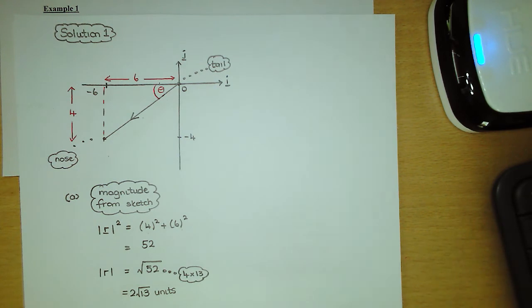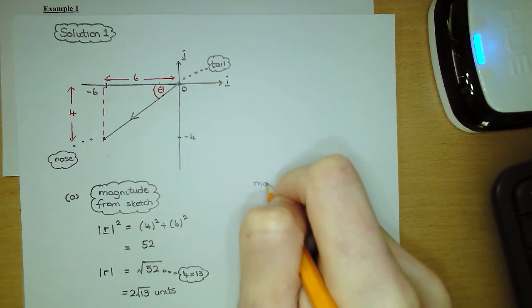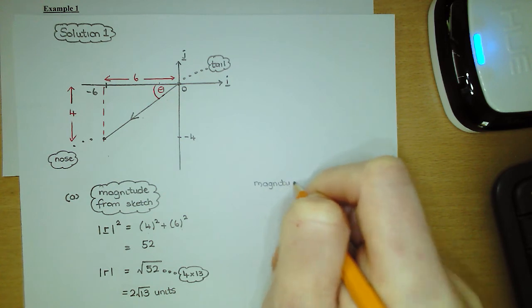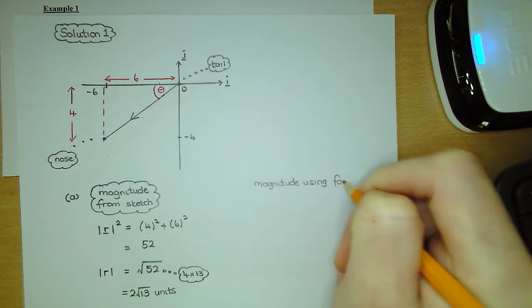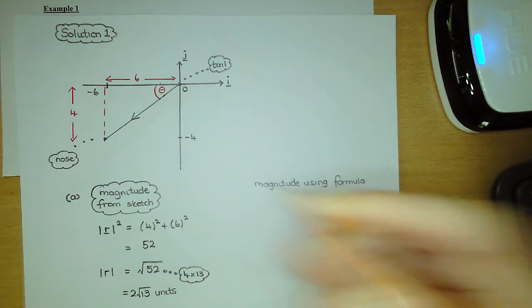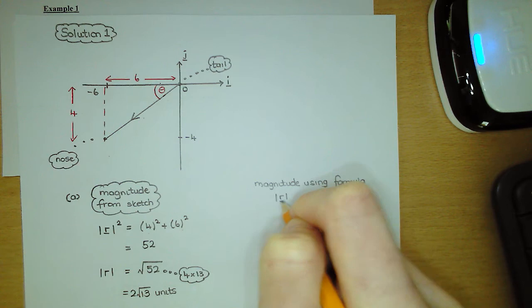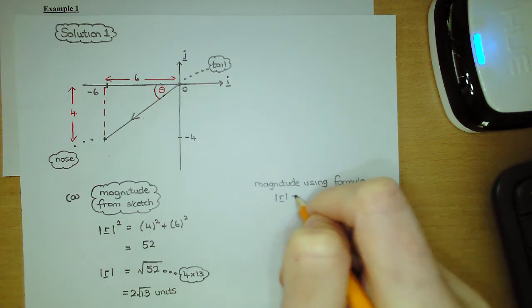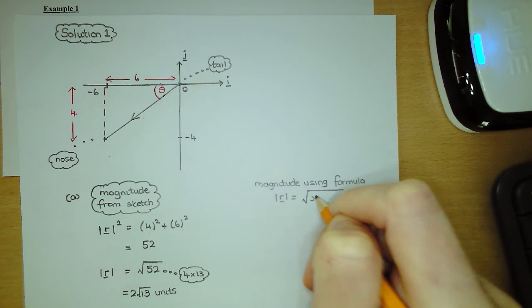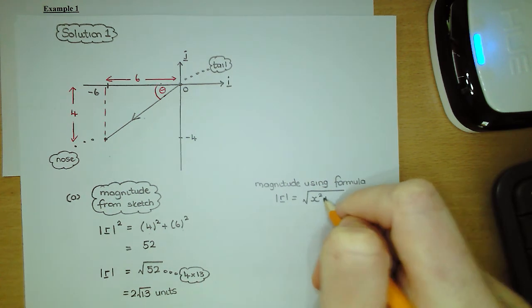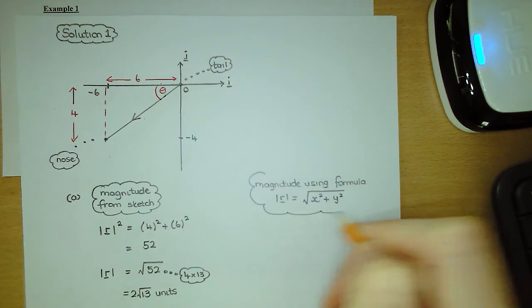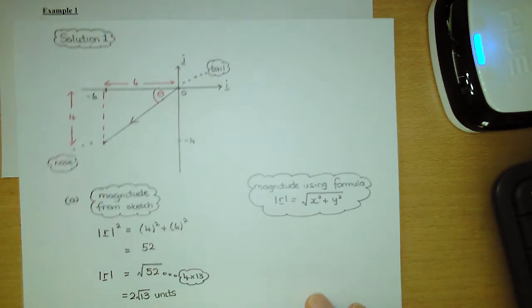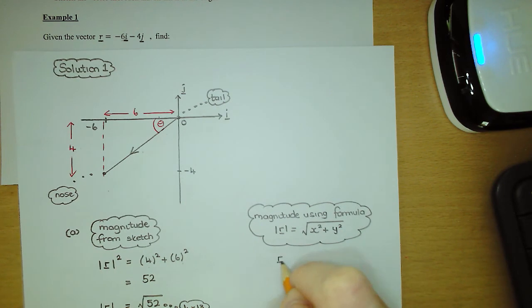Now the other way we could get the magnitude is just using the formula. So remember, the formula is the magnitude of r is equal to the square root of the i component squared, so x squared, plus the j component squared, so that's just y squared. The vector that was given in the question was r equals minus 6i minus 4j.